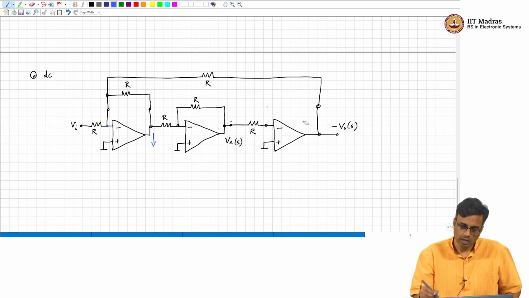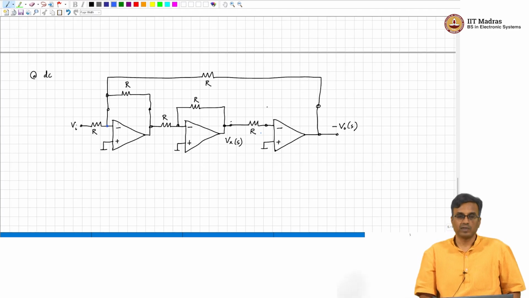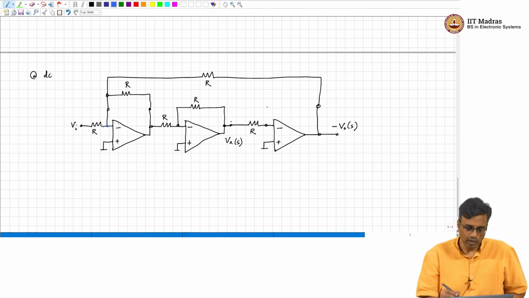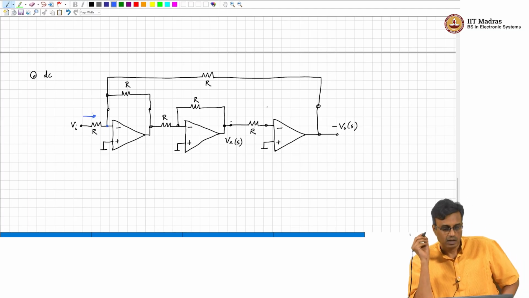So that is one thing. The virtual grounds of all the op amps are 0. So, at DC where will all the DC current flow? Through which resistor? Why?